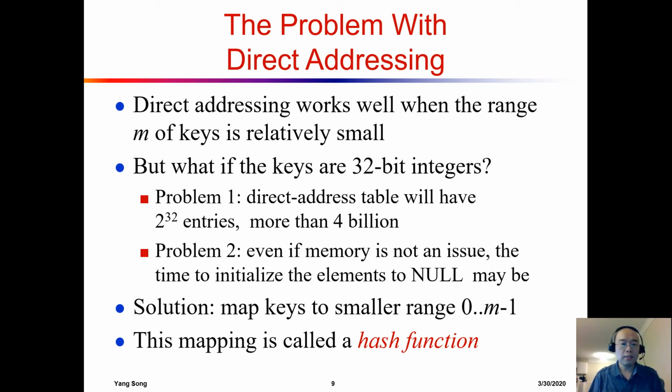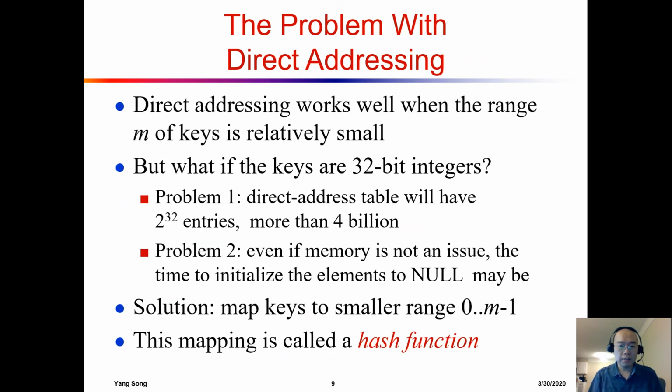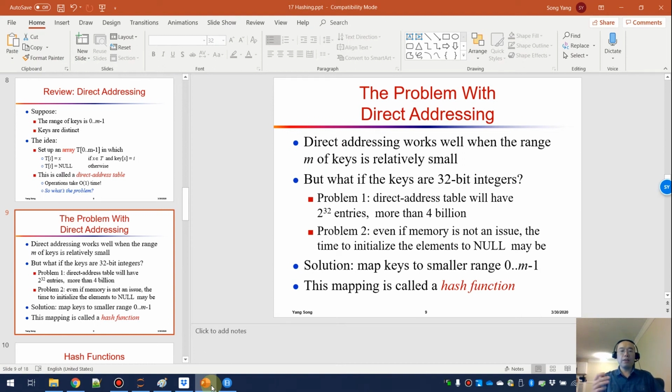In this case, remember we are creating a total of m slots, and m is 4 billion. What does that mean? This means we have to create 4 billion slots. If we come back to this table here, we are not talking about 1,000 slots, we are not talking about 5,000 slots, we are talking about 4 billion slots. That's really a lot. And if you really have such a big memory, you can do that.